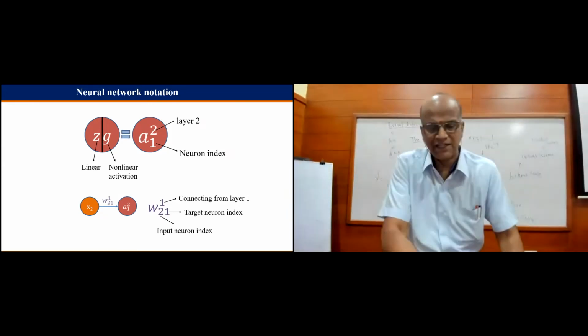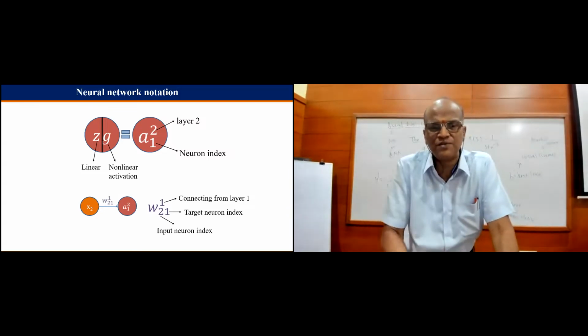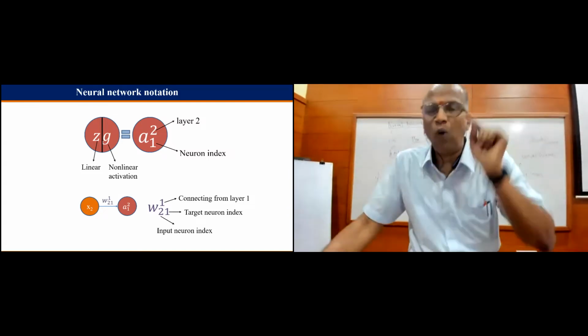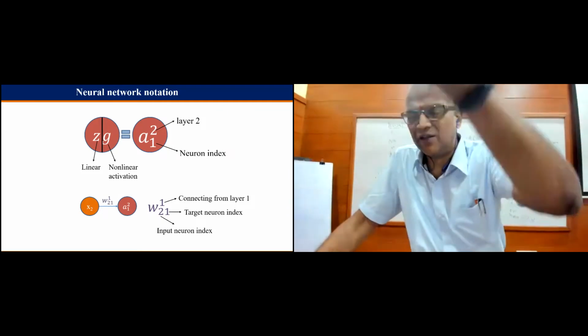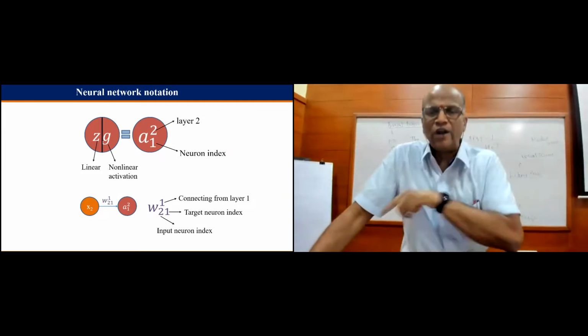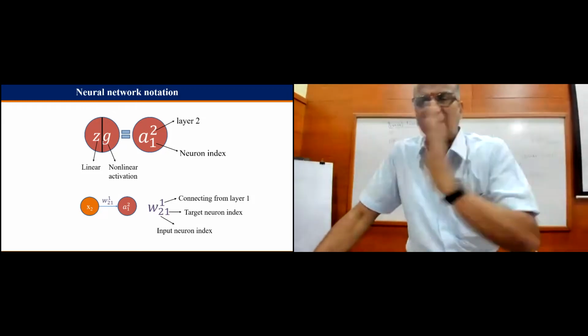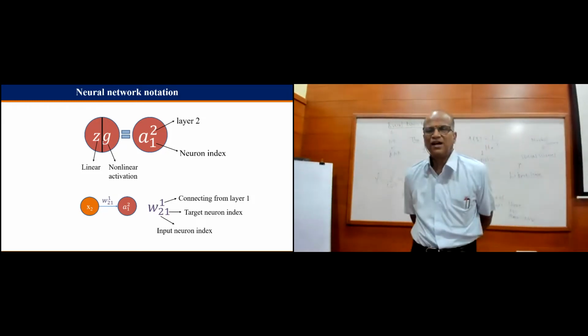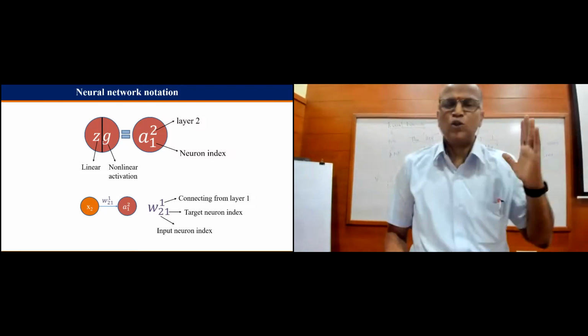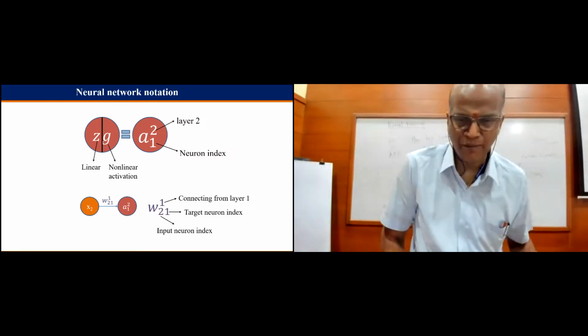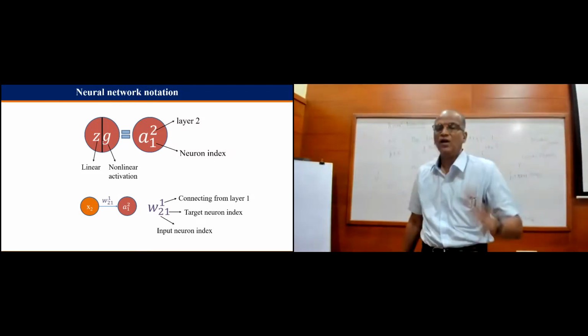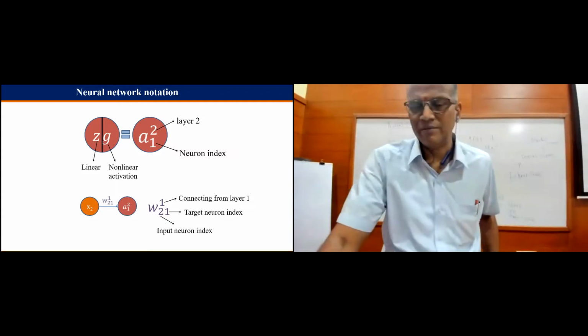The weight W21 superscript 1 means it is connecting from layer 1, the superscript. For the bottom 21, the first number represents the input neuron index, and the second number represents the target neuron. As we go along, it will become clear to you.